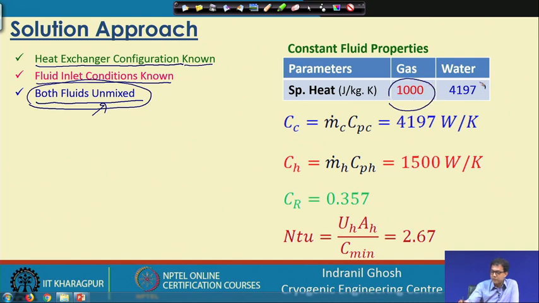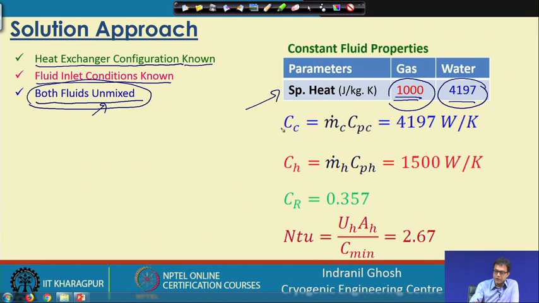fluid properties, because this will also be necessary to calculate the heat transfer, and we assume that the fluid properties are constant. So, this has been assumed to be specific heat equal to 1000 joule per kg Kelvin for the gas, and for water it is 4197.